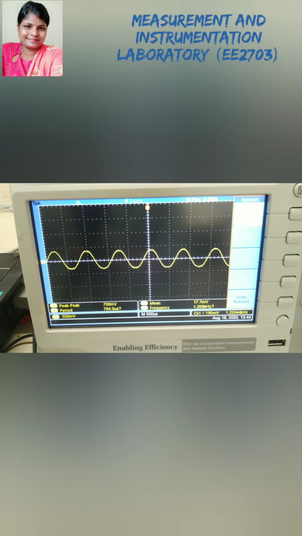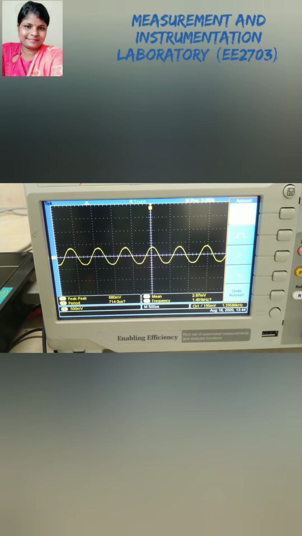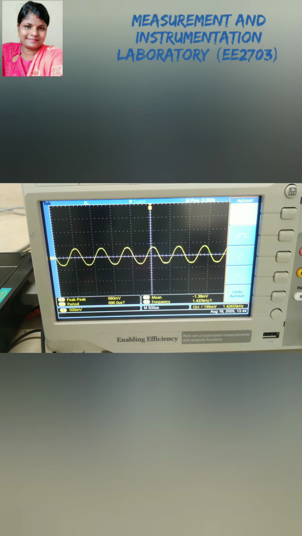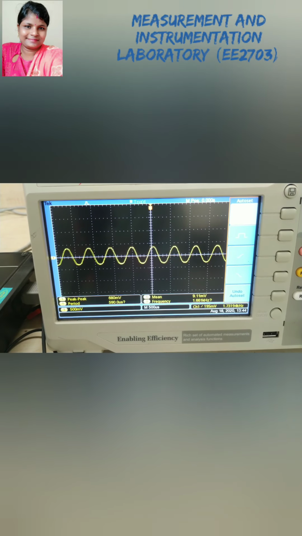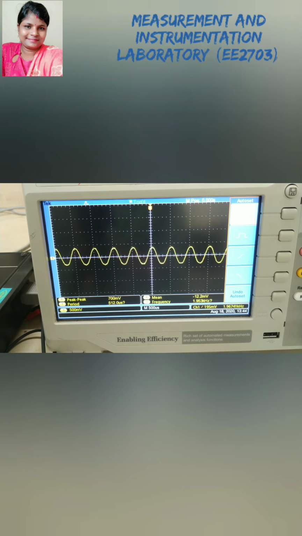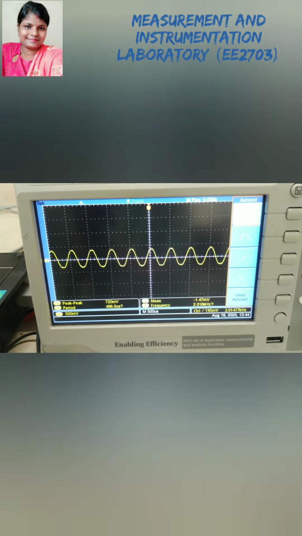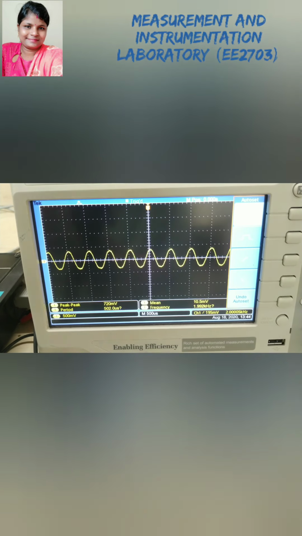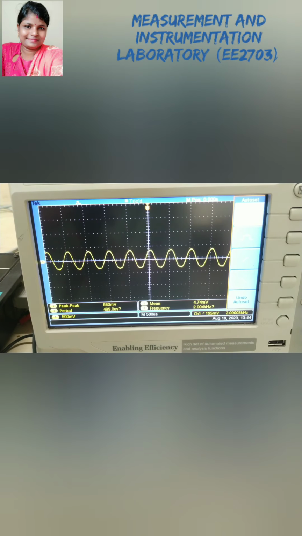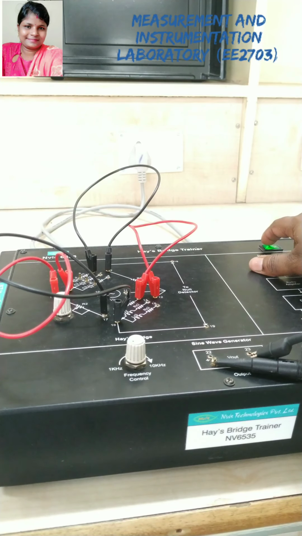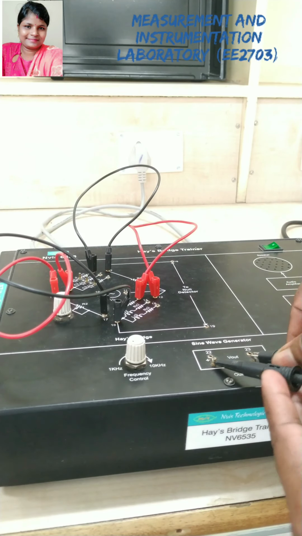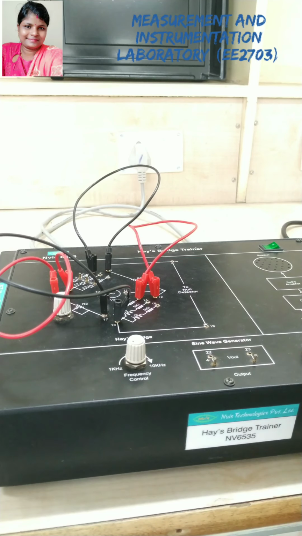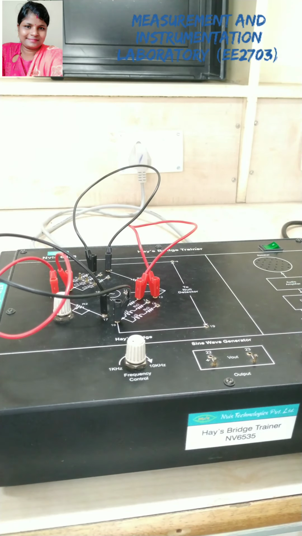So increase the frequency slowly, 1.39, 1.43. Here, 2 kilohertz. Perfect.